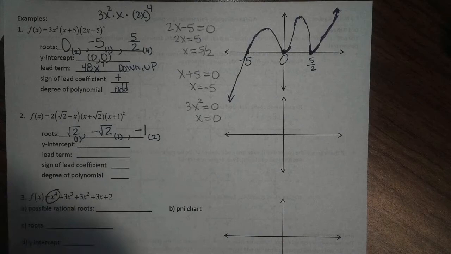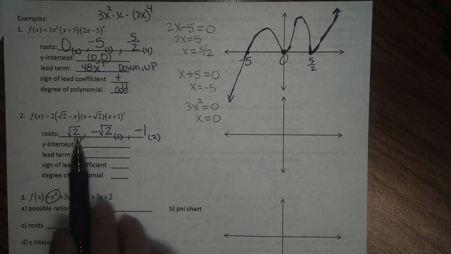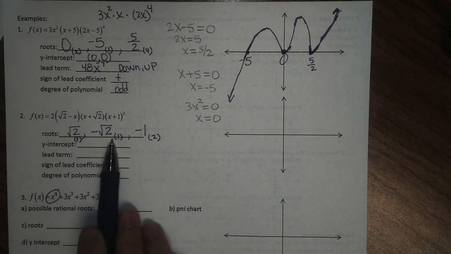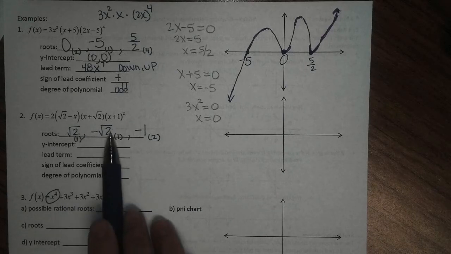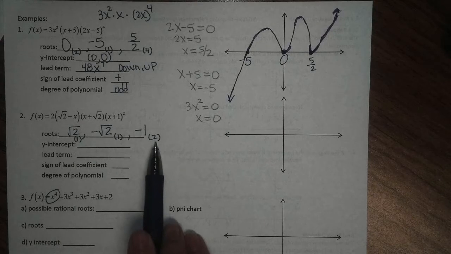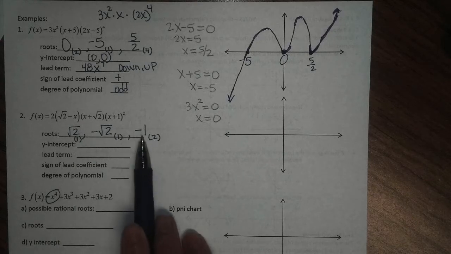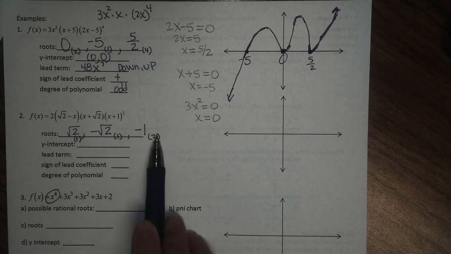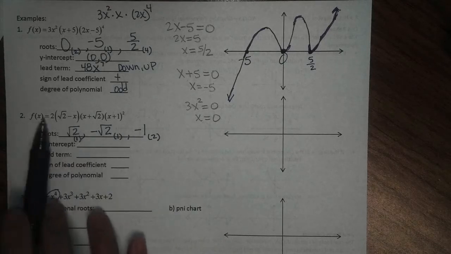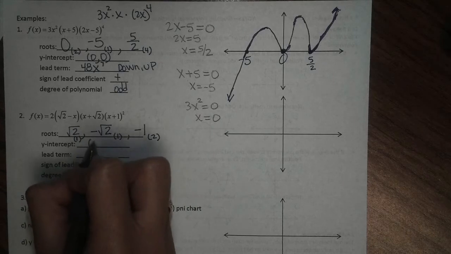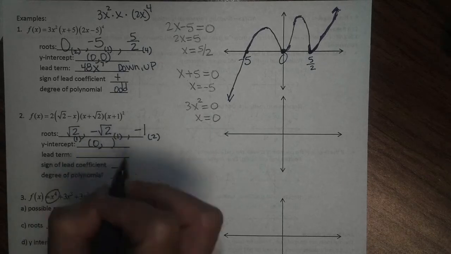And those multiplicities matter because when the multiplicities are odd, like 1, your graph will cross the x-axis at those roots. But when the multiplicities are even, like this one, the graph will bounce off the x-axis. So let's just keep going. The y-intercept. For the y-intercept, you're supposed to plug in 0 for x.